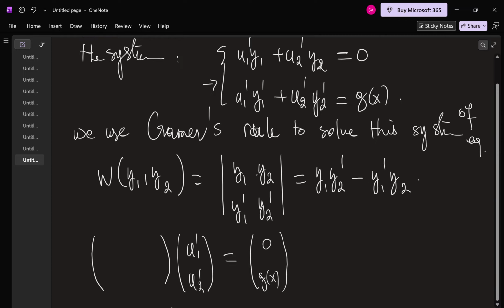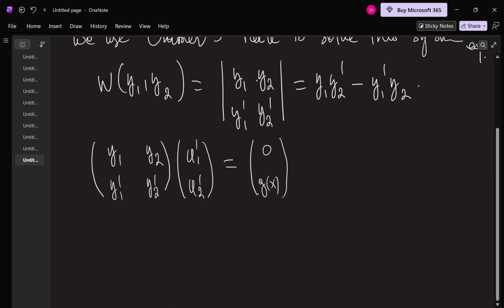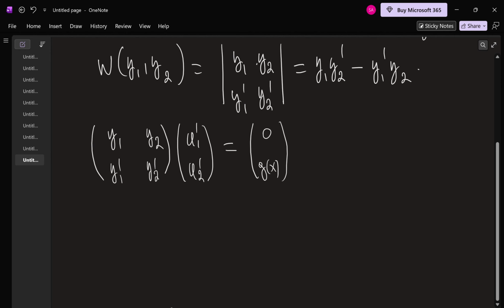What remains now is the Wronskian, which is y1, y2 and y1 prime, y2 prime. So we will solve the system using Kramer's rule.